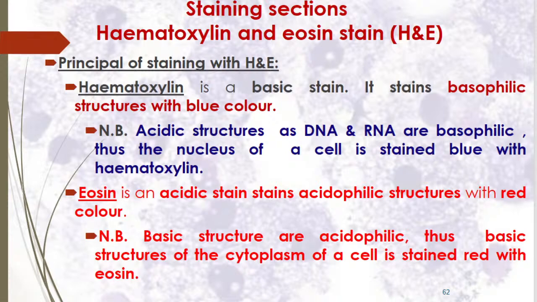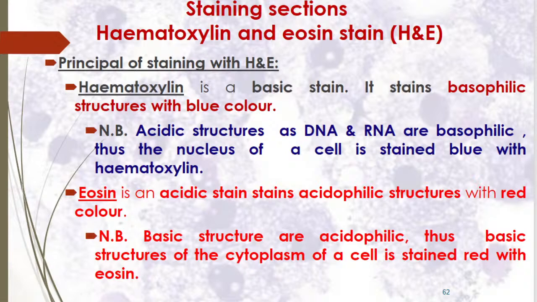So hematoxylin is alkaline in nature and joins very well with DNA and RNA. Eosin is acidic in nature, but joins very well with alkaline components of cytoplasm.